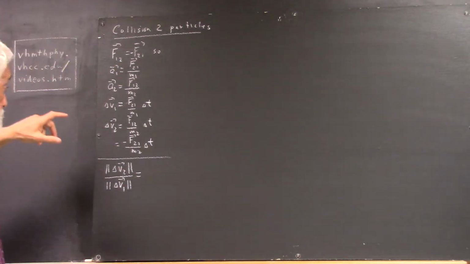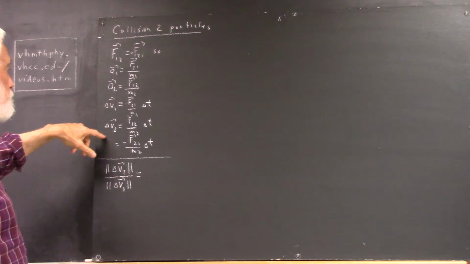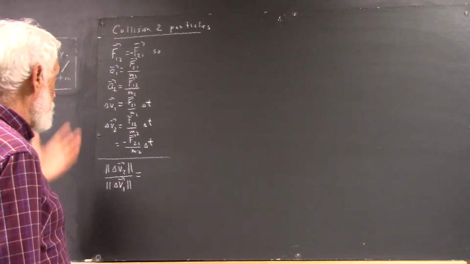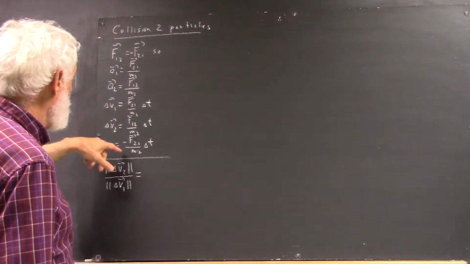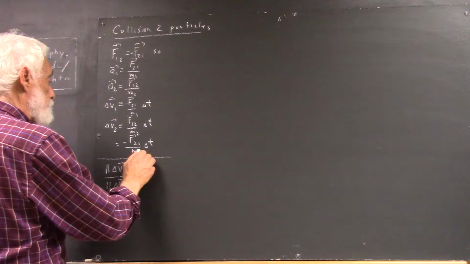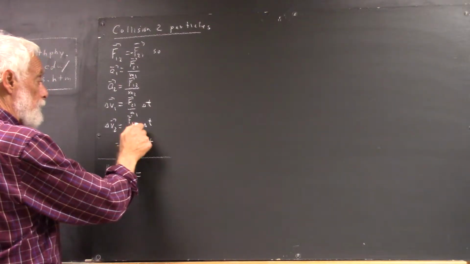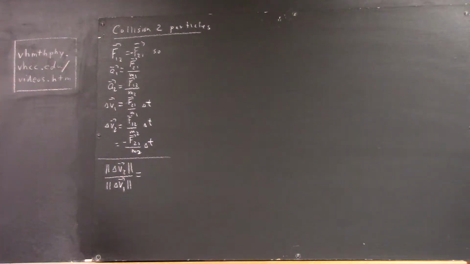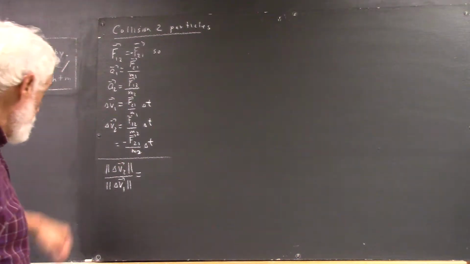Also, delta v2 is F12 over m2, which is negative F21 over m2, since F21 is the negative of F12, multiplied by delta t. So, we've already seen this.